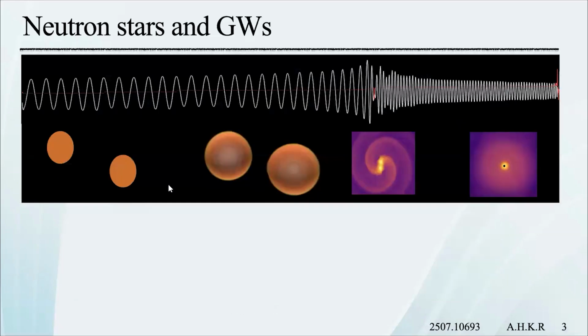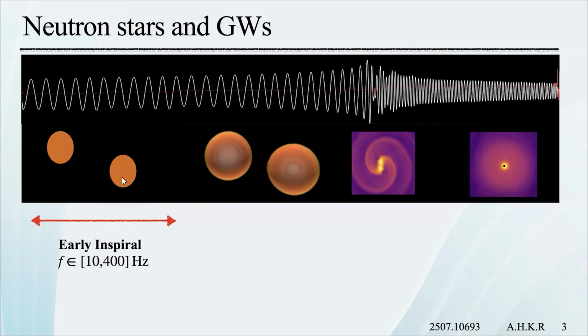In this cartoon, the bottom panel shows the different stages of the binary neutron star evolution. The top panel shows the gravitational wave signal emitted by the system during these stages. The movie started in the late stages of the evolution. Initially, you have two neutron stars, shown here as orange blobs, that go around each other in quasi-circular orbits.